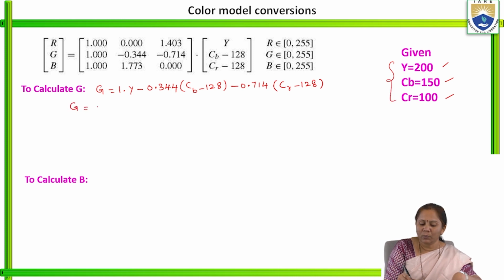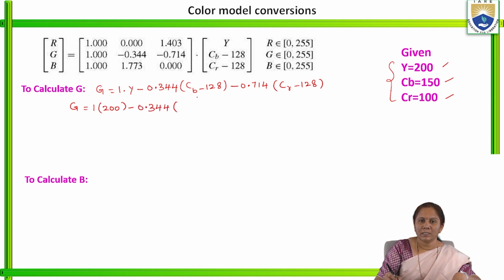So G is equal to 1 into Y, where the value of Y is 200, minus 0.344 into CB, where CB is 150 minus 128, minus 0.714 into CR minus 128.